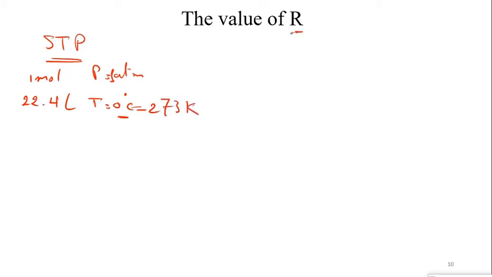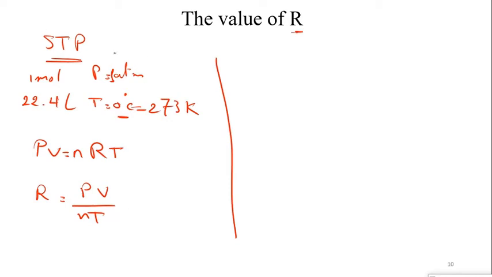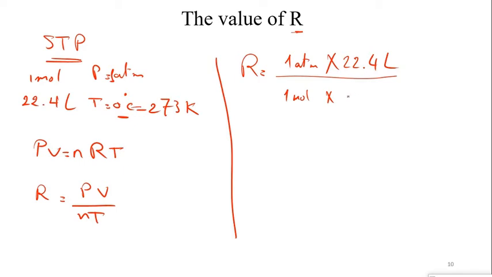So to find the value of R, because I said PV is equal to nRT, this means R is equal to PV over nT. Now if I substitute with the values at STP, R would be equal to P, which is 1 atmosphere, multiplied by 22.4 liters, divided by n, which is equal to 1 mole, multiplied by T, which is equal to 273 Kelvin.